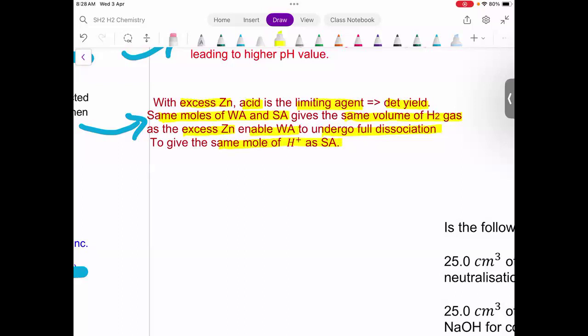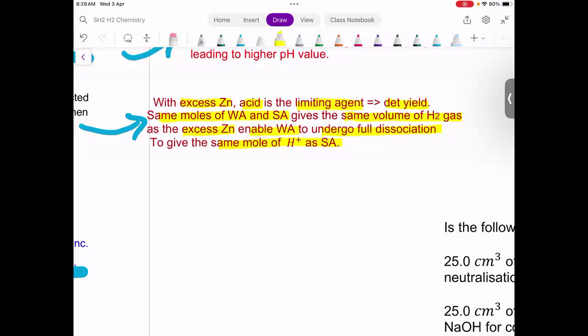In this case, the reaction involves a metal-acid reaction. In other words, if there's an acid-base reaction, it will also go full dissociation. Because potentially, the weak acid gives you the same amount of H plus.